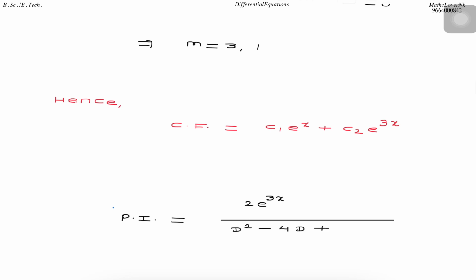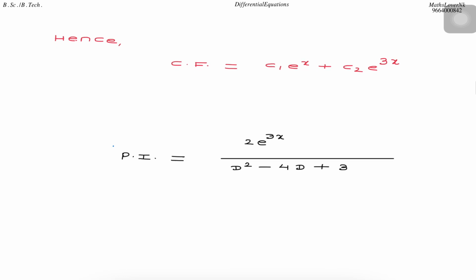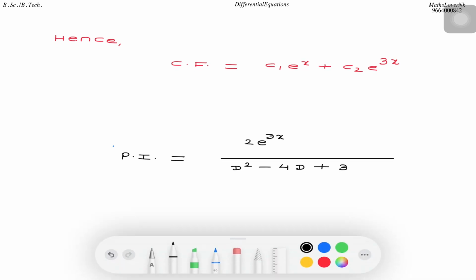When we put D equal to 3 directly, the denominator becomes 0. That is not possible.